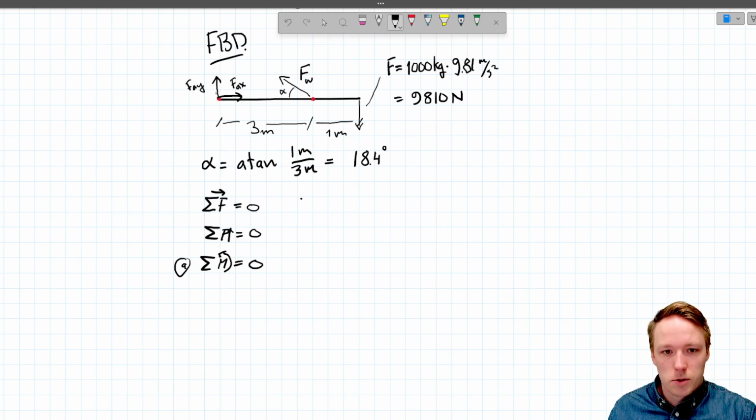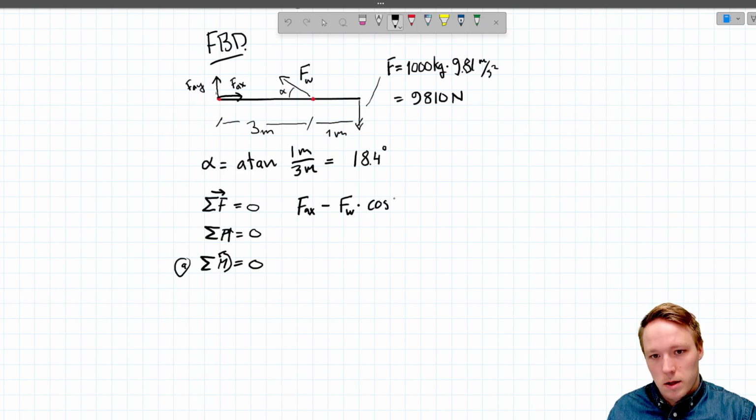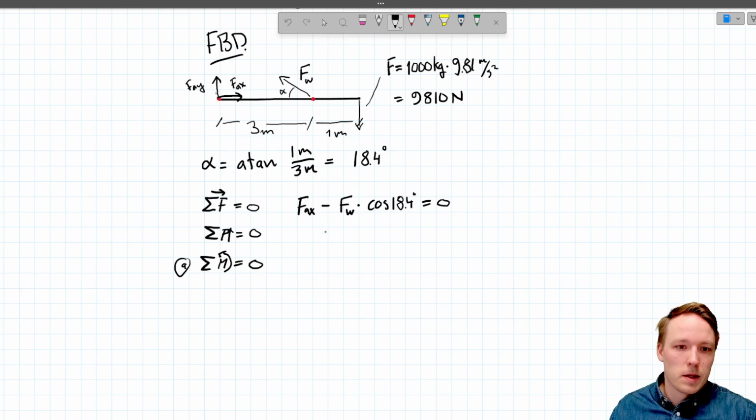So we have FAX, it's pointing in our positive direction, and then we're going to subtract from that the horizontal component of FW, which is FW multiplied by cosine 18.4 degrees, and this has to equal 0. And then let's do the sum for vertical forces.